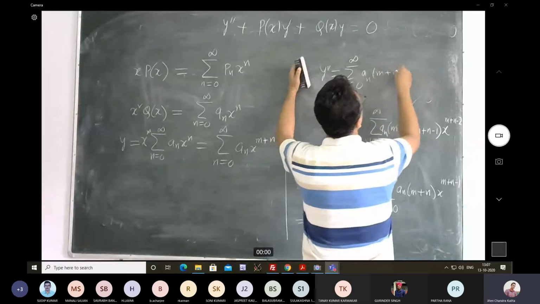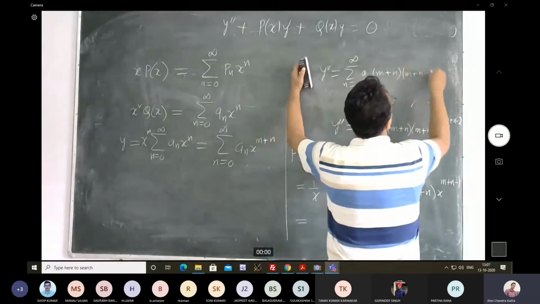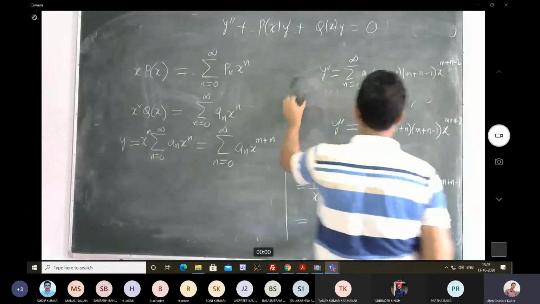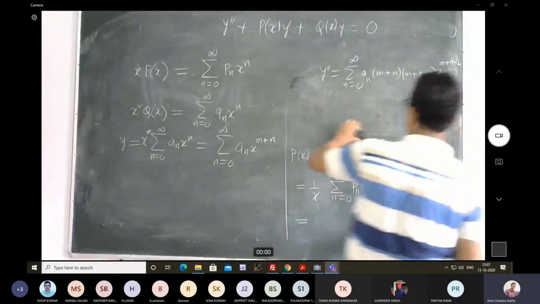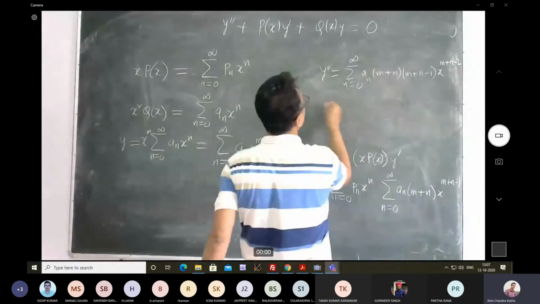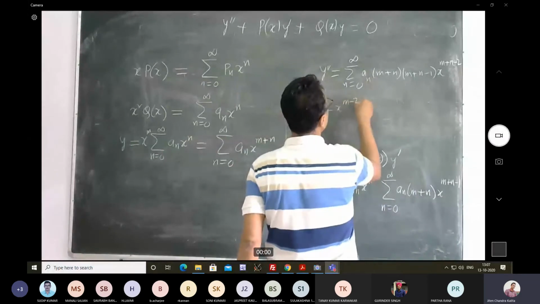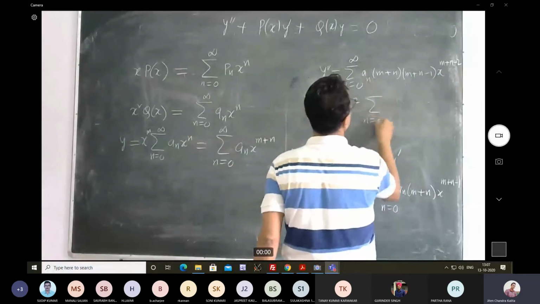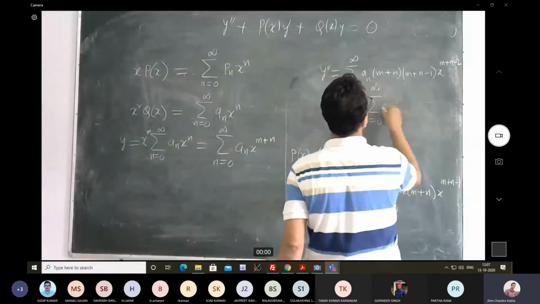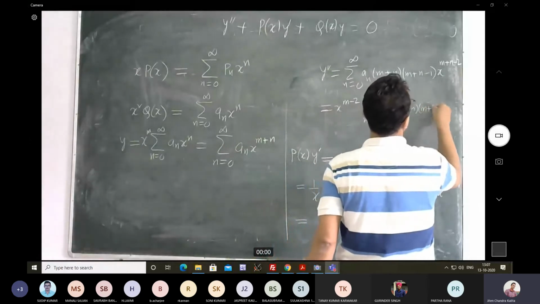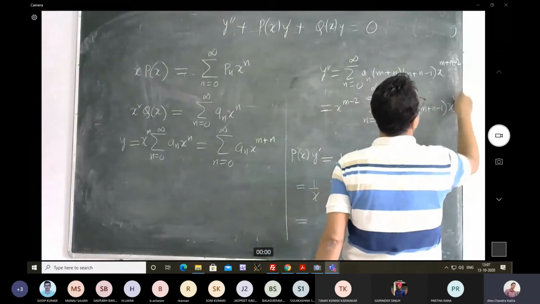The sum of (m plus n)(m plus n minus 1) a_n x to the power m plus n minus 2. Okay, so this is written as x to the power m minus 2 times the sum from n equal to 0 to infinity of the same coefficients times x to the power n.